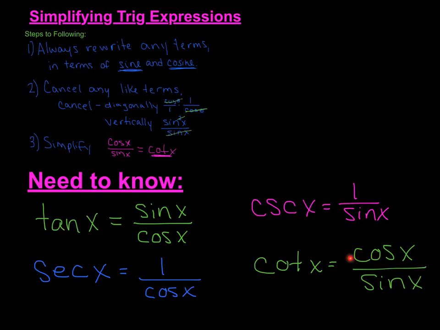Tangent and cotangent are reciprocals, but you never want to write cotangent in terms of tangent, because you always want to rewrite tangent in terms of sine and cosine, and you also want to write cotangent in terms of sine and cosine. Your goal when you're simplifying is always turn everything into terms of sine and cosine. That's the easiest way to make sure you're doing it correctly. So now we'll do a couple examples.